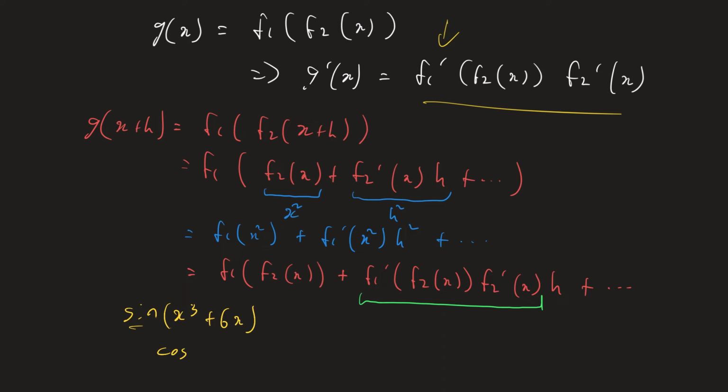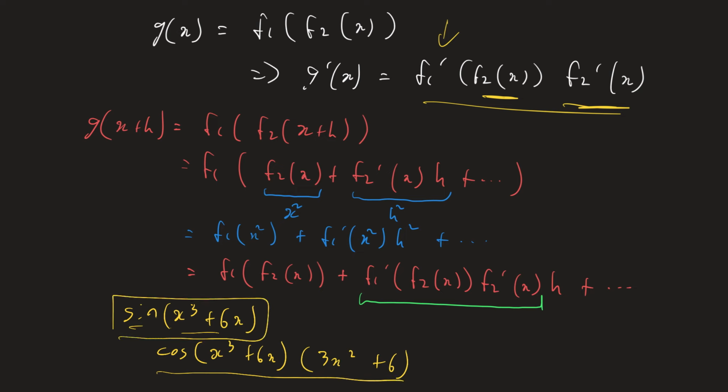The derivative of sine is cos, so I've got cos evaluated at the inside function, so that's evaluated at x cubed plus 6x, multiplied by the derivative of my inside function, which, as we saw before, was 3x squared plus 6. This gives us the full derivative of the function that we were given today, and of course the problem was to evaluate this at x equals 0, and we end up with the same solution as we did at the start of this presentation.